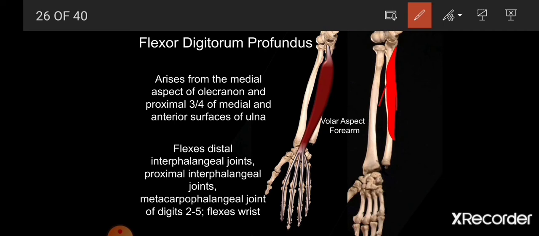Upper 3/4 of the medial as well as anterior surfaces of the ulna along with the medial surface of the olecranon process of the ulna. So this is the bulkiest muscle, and it is sending 4 tendons for medial four fingers for the flexion of proximal as well as distal interphalangeal joints.